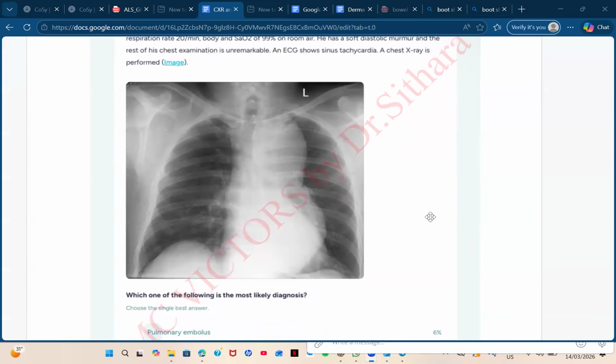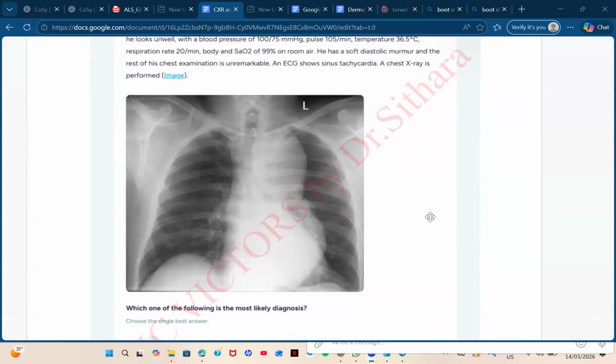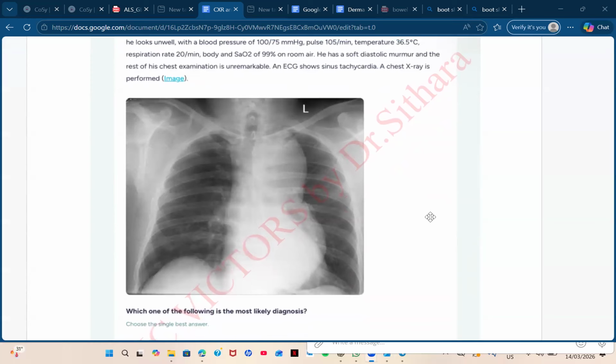So what can you see in here, doctors? Yes, widened mediastinum right here.